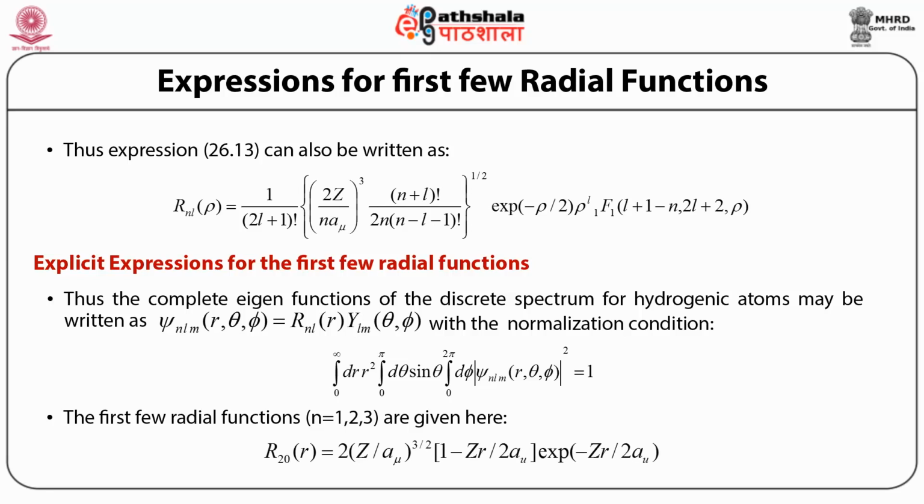R10 as a function of r equals 2 multiplied by (Z by a_mu) to the power 3 by 2 multiplied by exponential of minus Zr by 2a_mu, and R20 as a function of r is given by 2 multiplied by (Z by a_mu) to the power 3 by 2 multiplied by (1 minus Zr by 2a_mu) multiplied by exponential of minus Zr by 2a_mu.